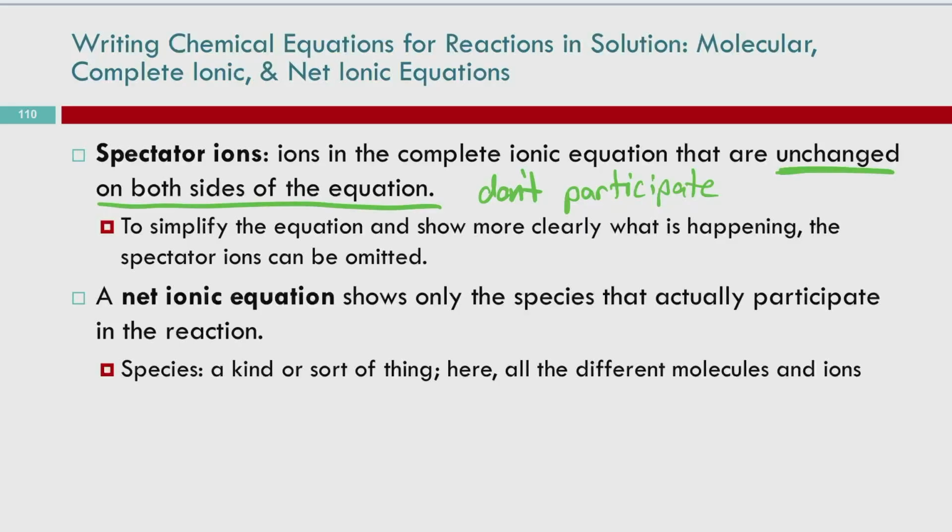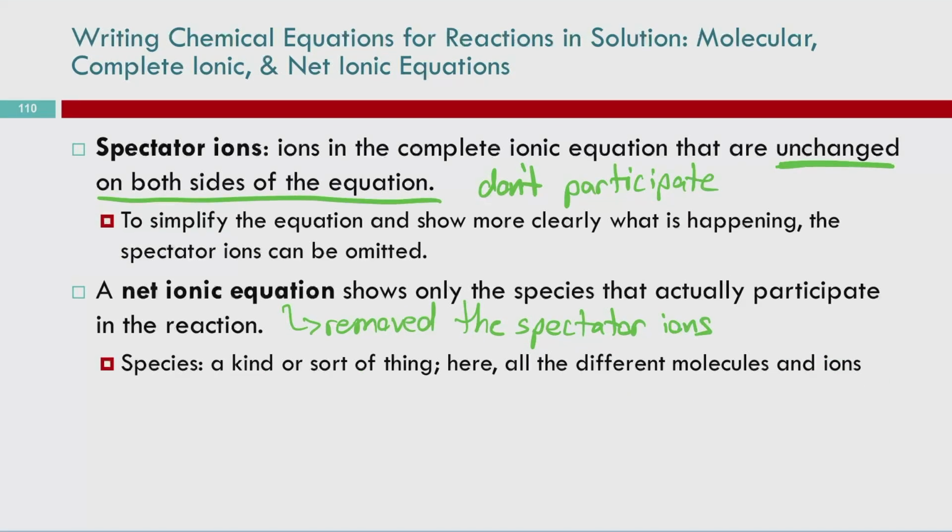Net ionic equation, we're removing all of the extra stuff. So we've removed the spectator ions to get to our net ionic equation. So this shows only the species, only the different types of molecules and ions that actually participate in the reaction.